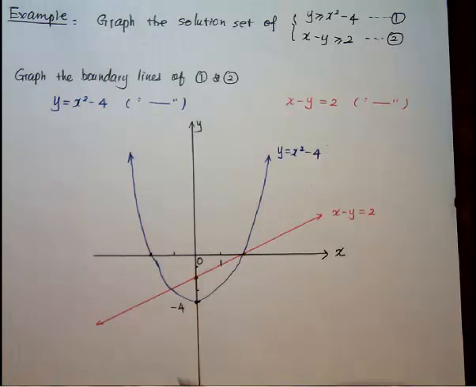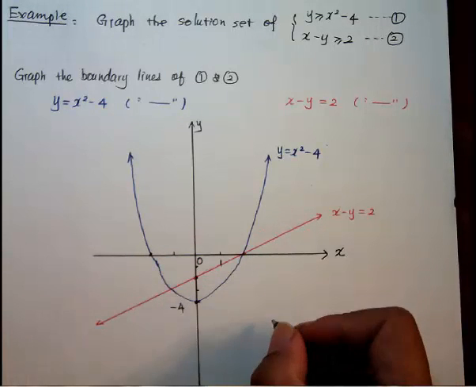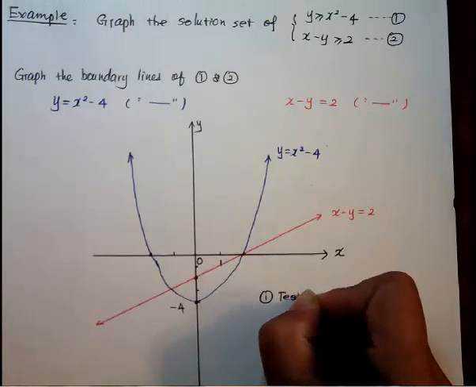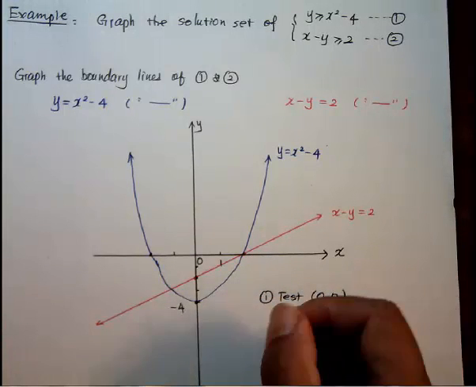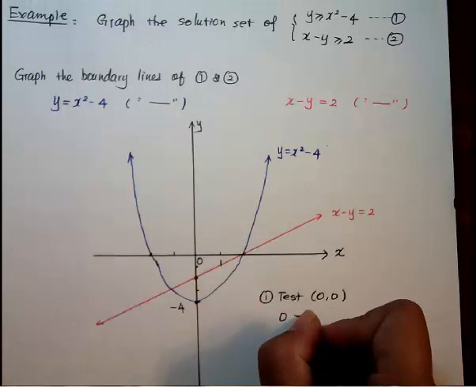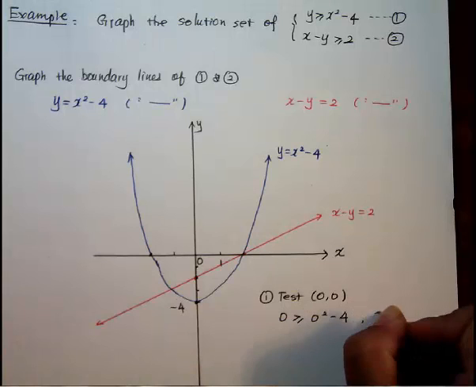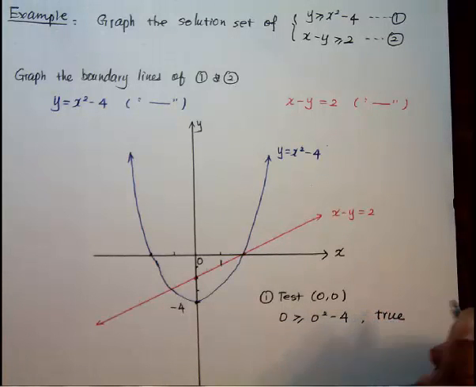For instance, again, I got 0, 0 to test. Then I have 0 greater than or equal to 0 squared minus 4. That's a true statement, which is satisfied.